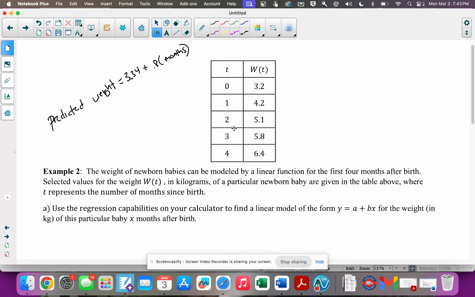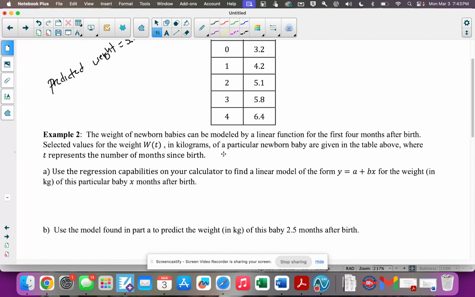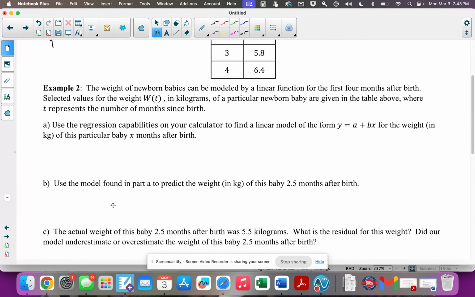Okay, so we want to predict the weight of a baby that is 2.5 months after birth. Okay, so this is just a plug and chug. We already know the predicted weight. All right, this is the reason why we write these in words. Predicted weight equals 3.34 plus 0.8 times 2.5 months. Okay, and this is just multiply and substitute.